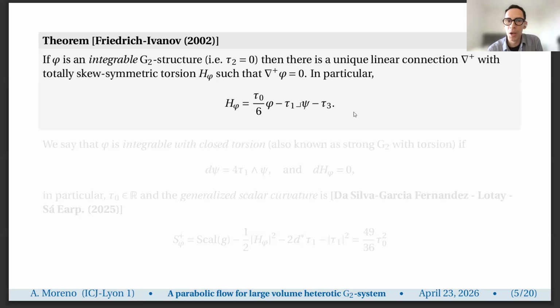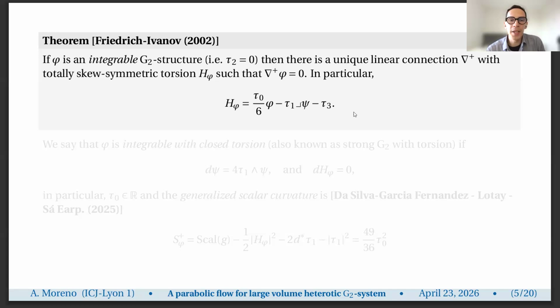So in particular, this connection, which is a connection with torsion, has also holonomy G2. And when the torsion vanishes, this connection, of course, coincides with the Levi-Civita connection. So you have a G2 manifold in that case.